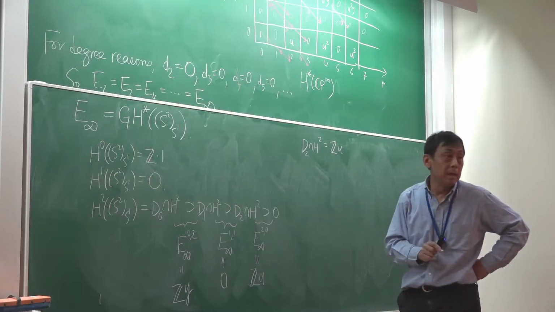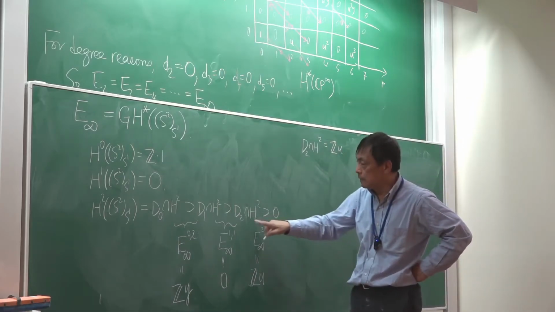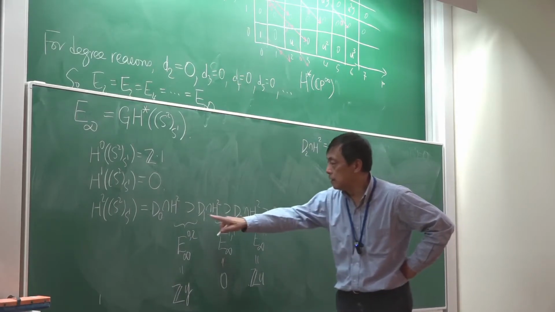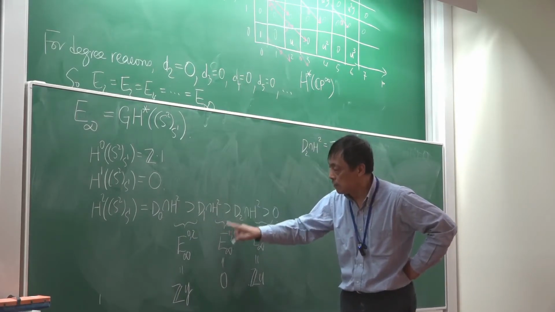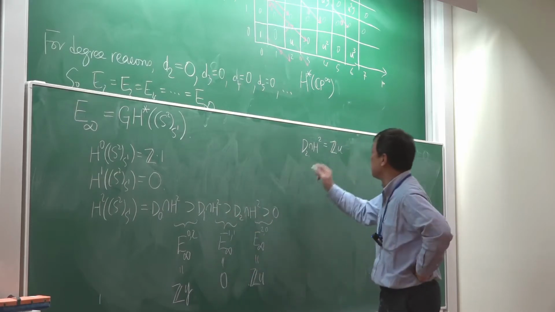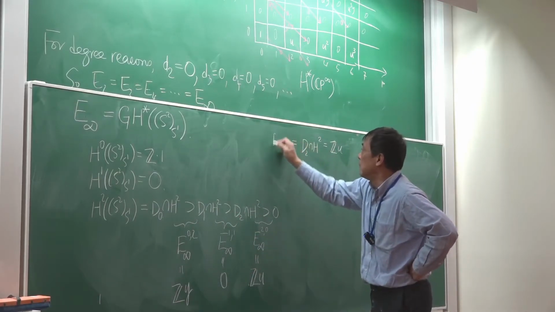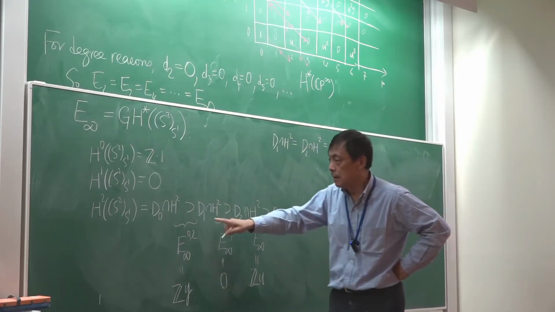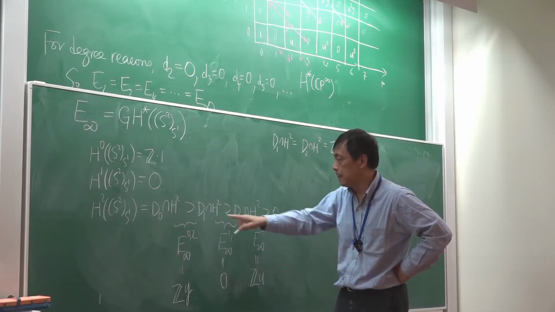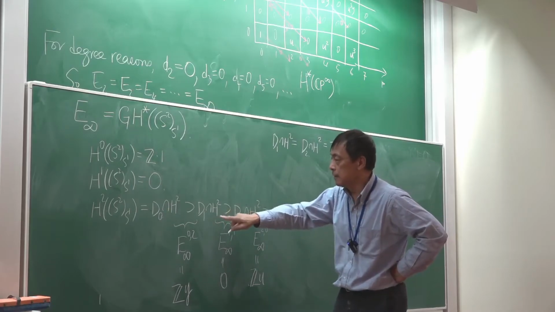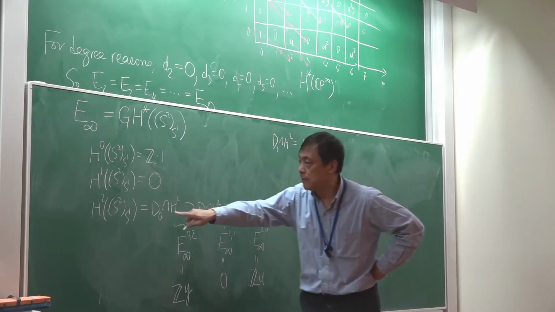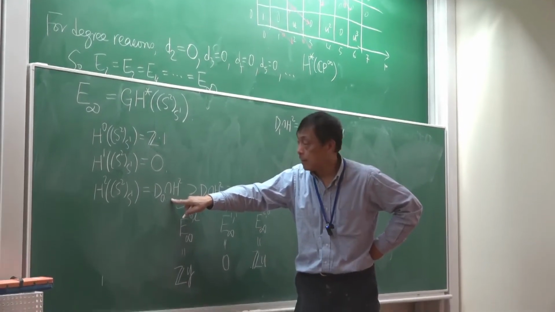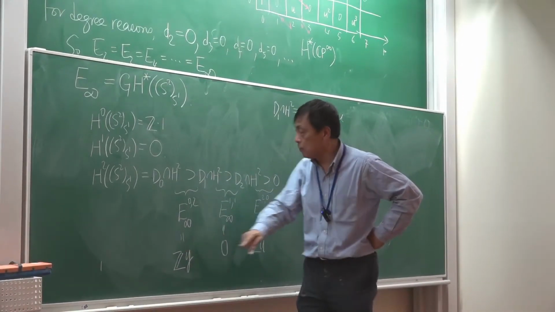Okay? It's a subgroup of D1 intersect H2, and the quotient here is 0. So this is also equal to D1 intersect H2. Okay? So D1 intersect H2 is a subgroup of D0 intersect H2, and the quotient is ZY.